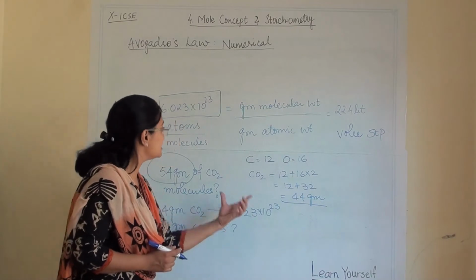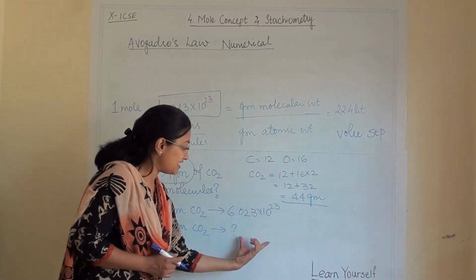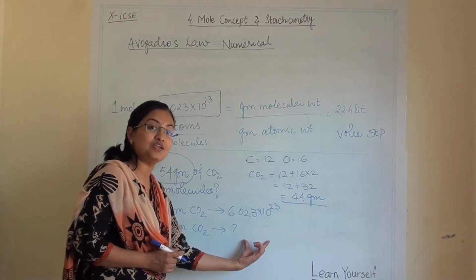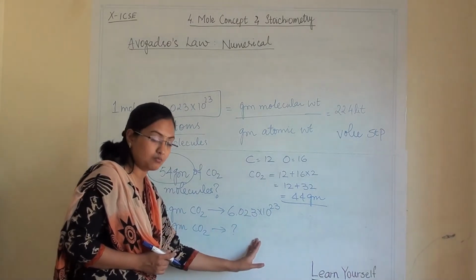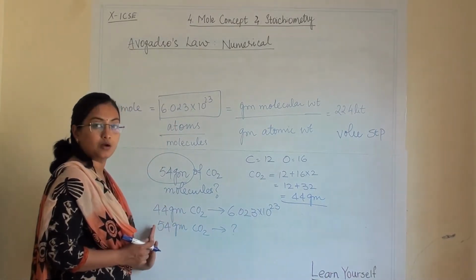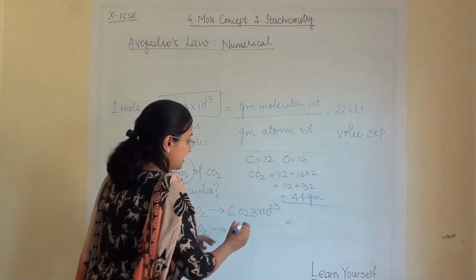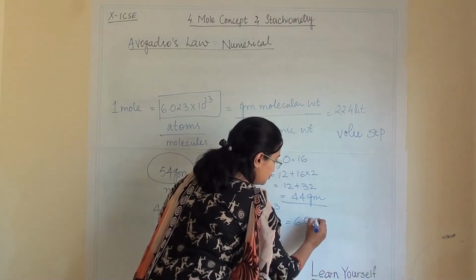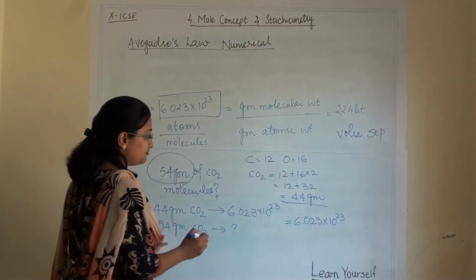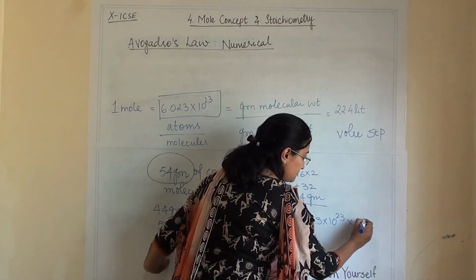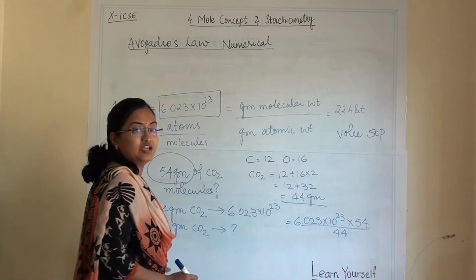We are going to find out the number of molecules. We have this from the Avogadro law. So our answer will come under molecules, because we are also finding molecules. Molecules will come under molecules and weight will come under weight. So it will come like 6.023 10 raised to 23 multiplied by 54, divided by 44.